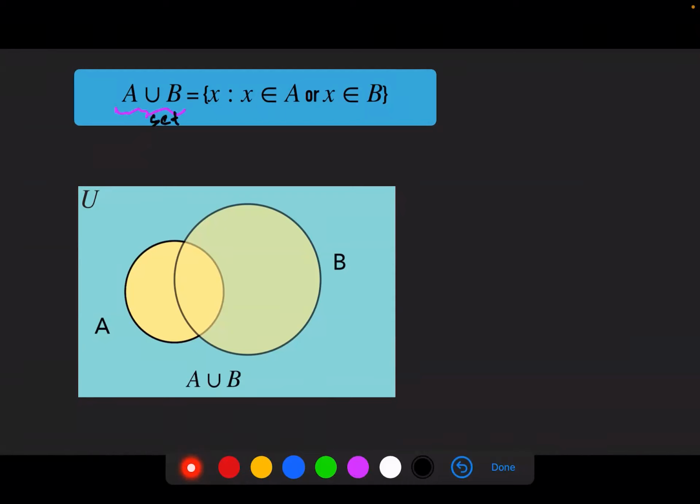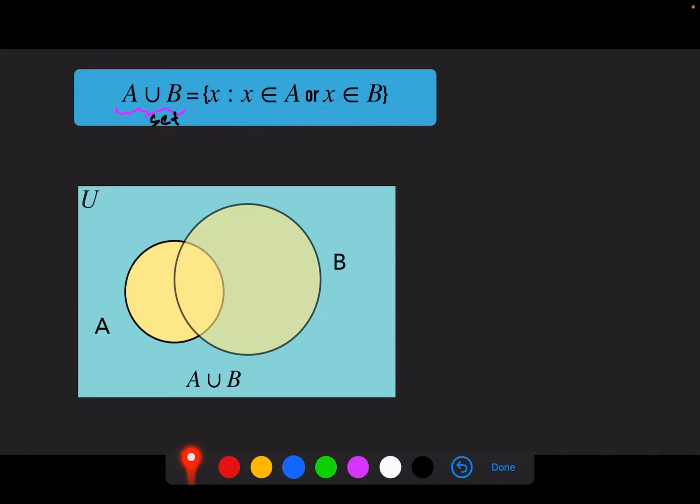So here we are expressing this in set builder form. What are we saying? A union B is the set of all X such that X belongs to set A or X belongs to set B.